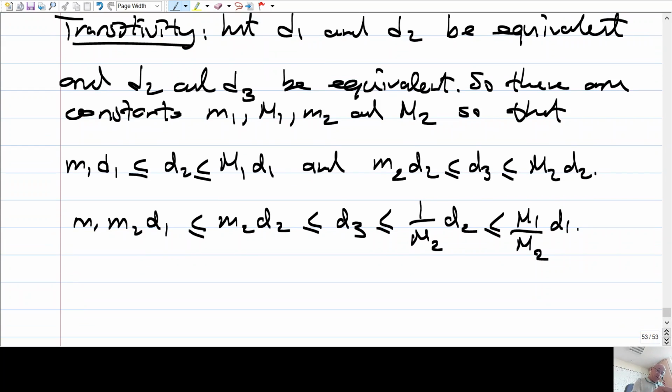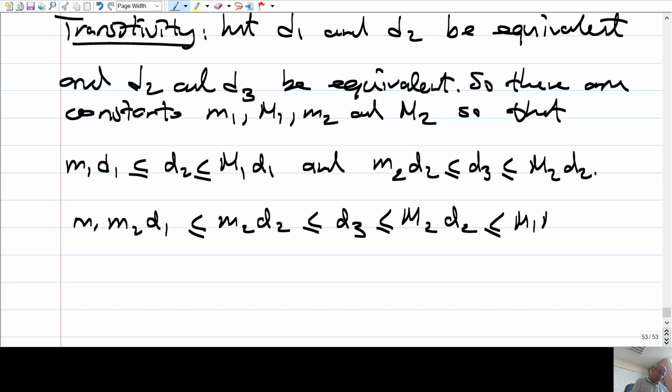So we obtained what? Let's see. Let me just underline the important. D3 is less than M2 D3. Yes, you're right. Okay, so yeah, thank you. This is M2 D2 and D2 is less than M1 D1.